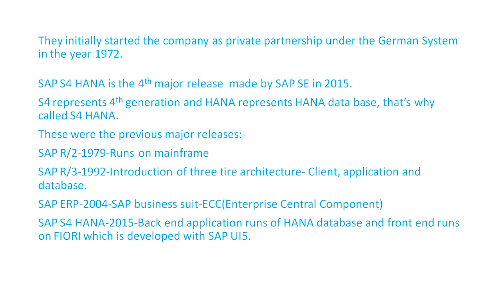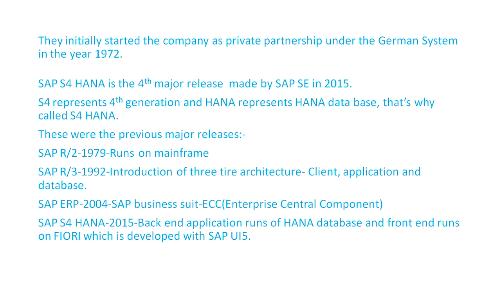But when the internet technology came, then the architecture of the SAP becomes 3-tier. So what is 3-tier? 3-tier means at 3 different places things can be placed.